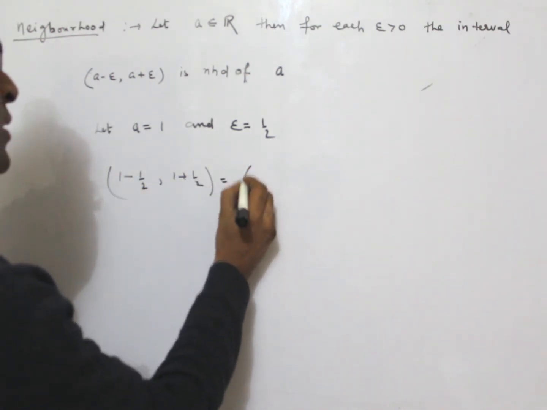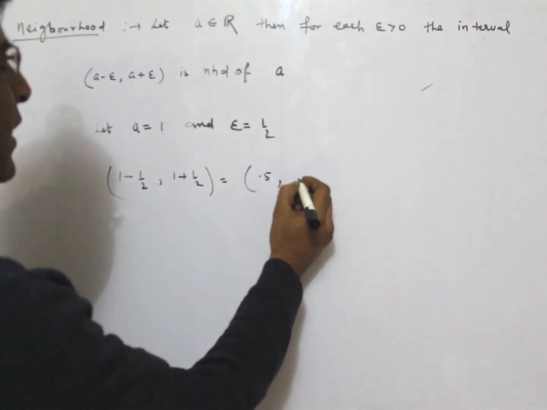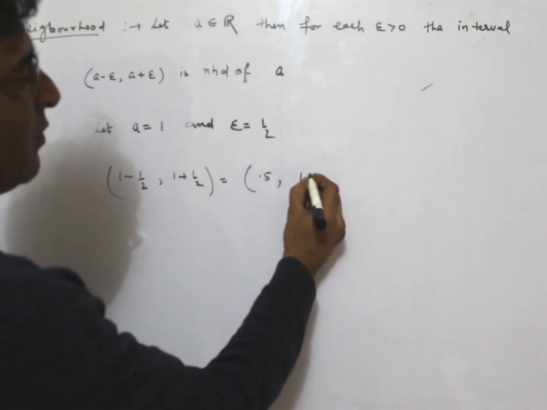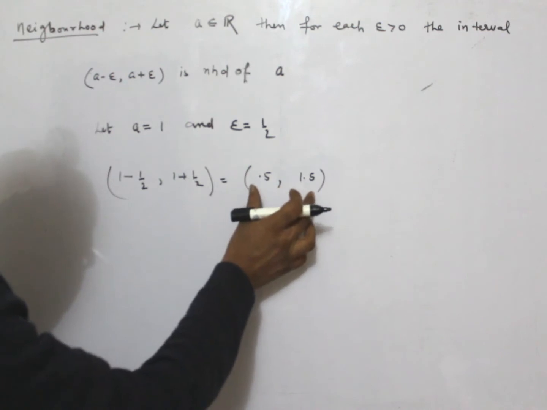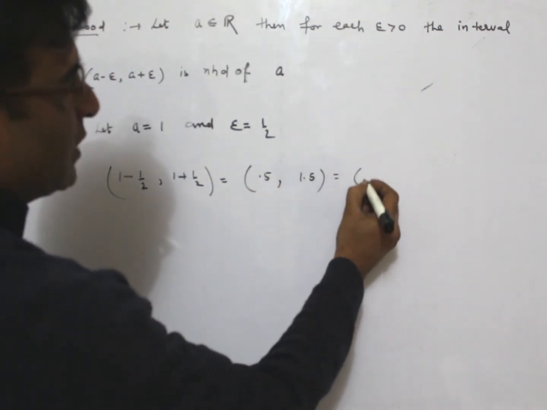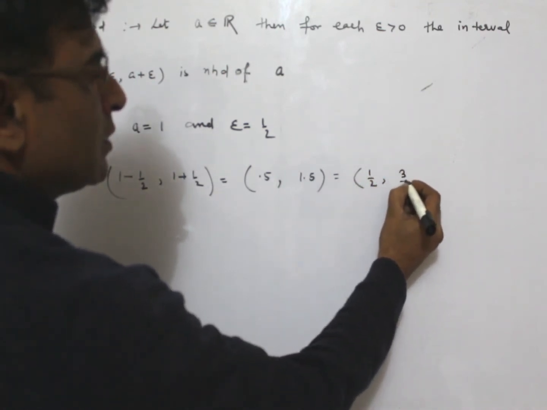That means we have 0.5 and this is 1.5. Or also we can say this is 1 by 2, this is 3 by 2.